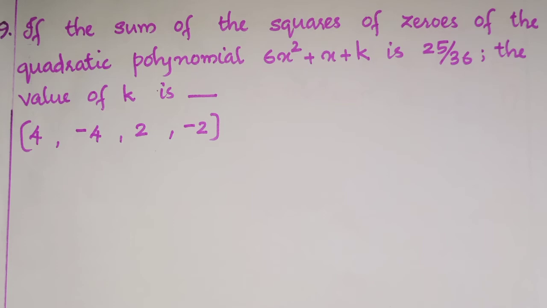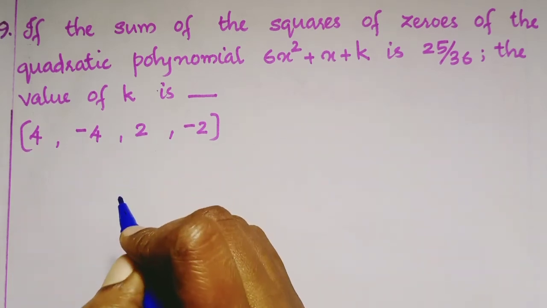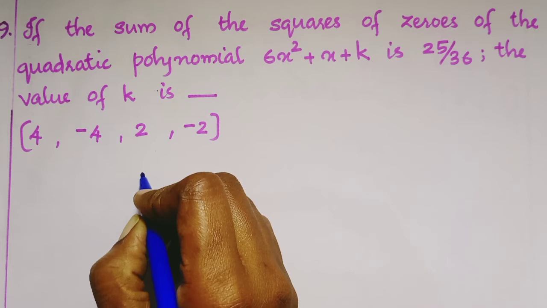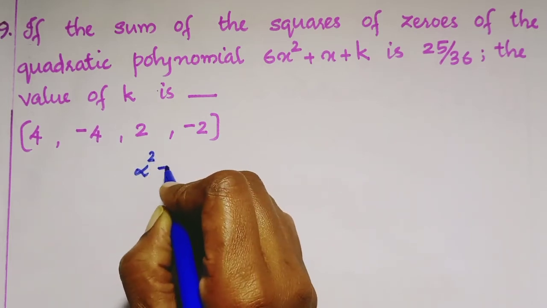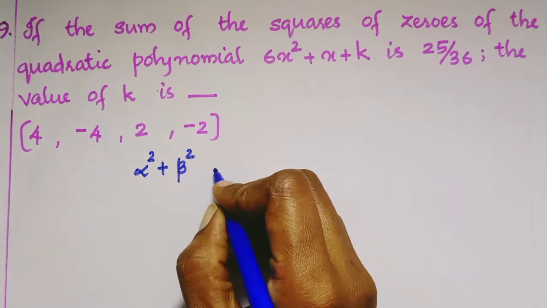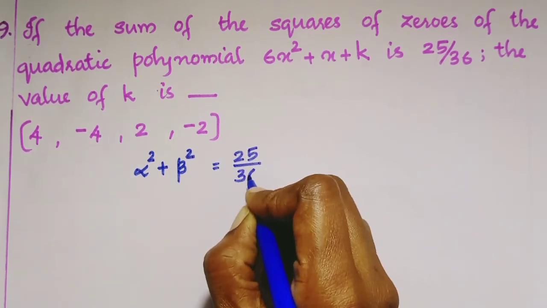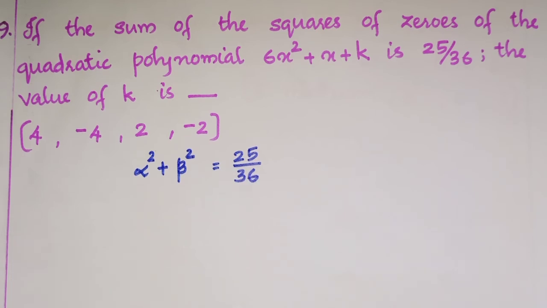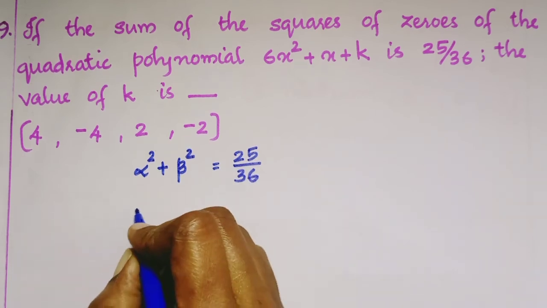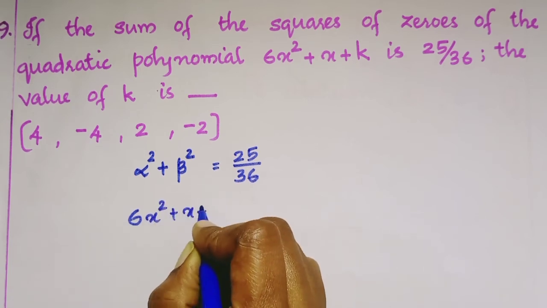Once again, if alpha and beta are the zeros, then the sum of the squares, that is alpha square plus beta square, is 25 by 36. Then which one is the polynomial? Yes, 6x square plus x plus k.